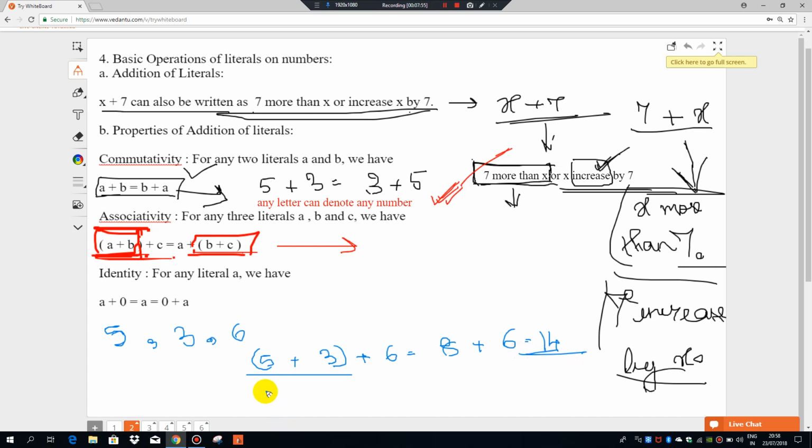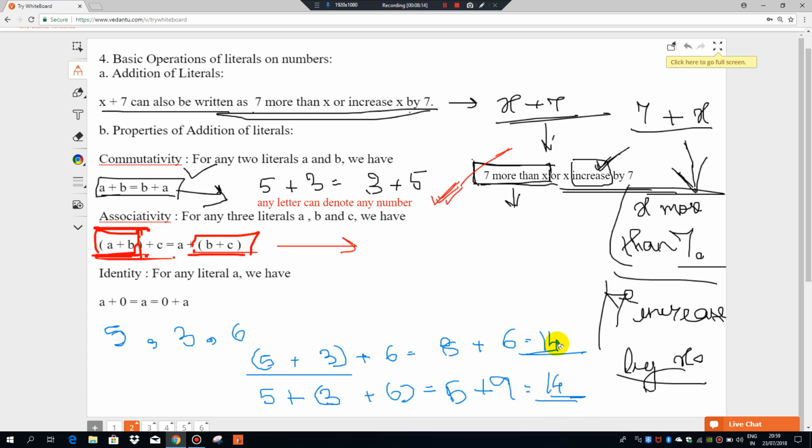Now we'll see another way. 5 plus 3 plus 6. In this case we regroup 3 and 6, which gives 5 plus 9, which is 14.